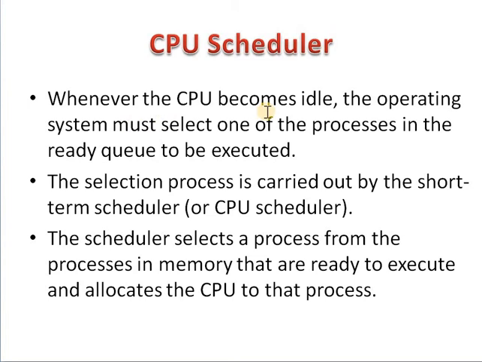Whenever the CPU becomes idle, means the CPU becomes free, then the operating system must select one of the processes in the ready queue to be executed. The selection is carried out by the short-term scheduler, which we also call the CPU scheduler.